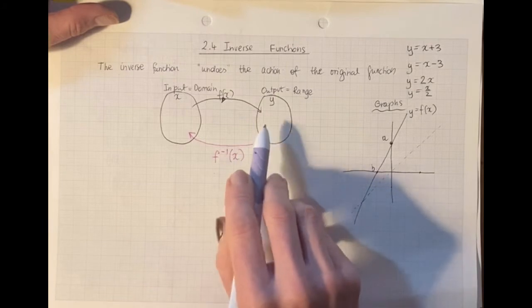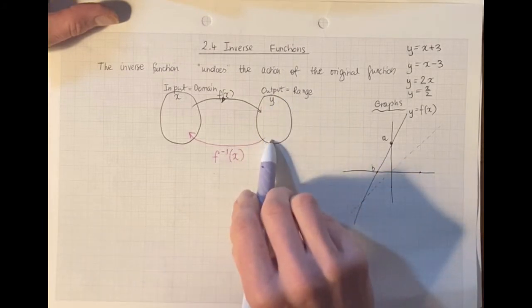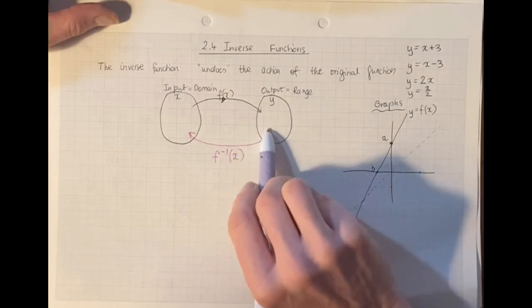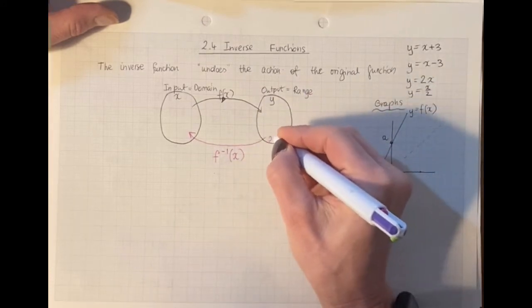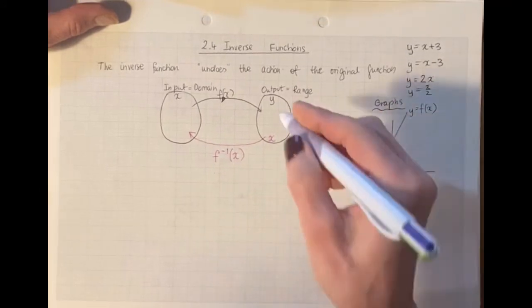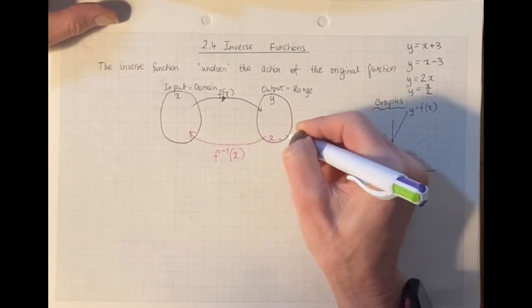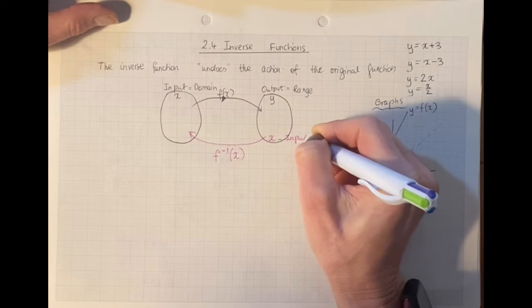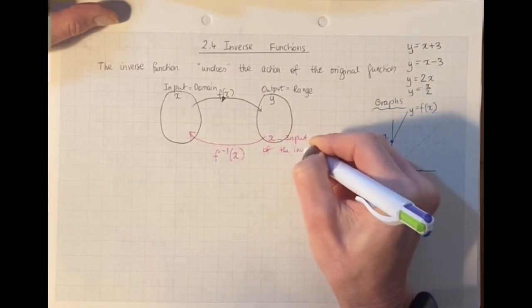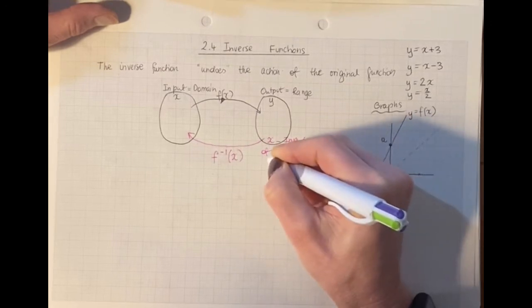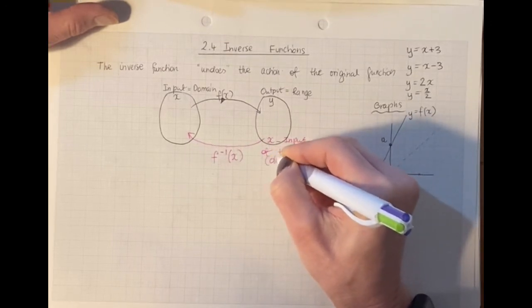Now the input of the inverse function will be that set of values, but for that function we will call it x, and it is going to be the input of the inverse, and it's going to be its domain.